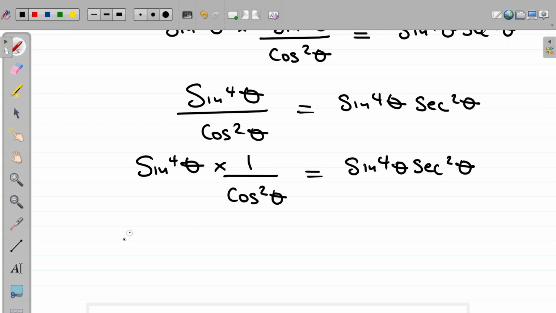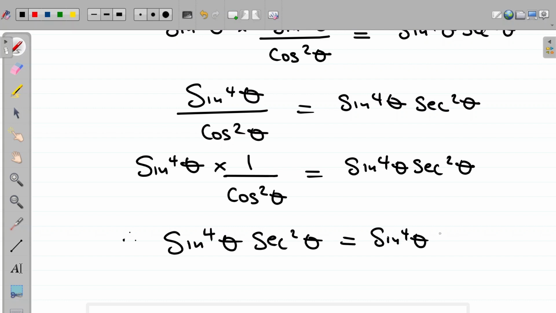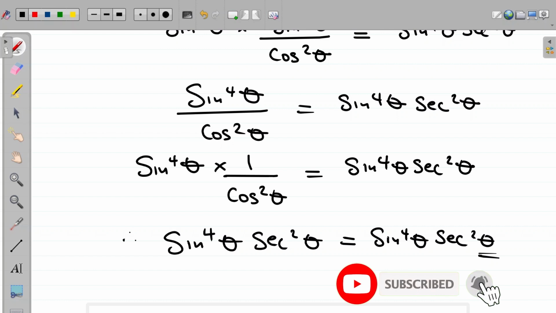So therefore our equation has shown that sine to the power of 4 theta sec square theta is equal to sine to the power of 4 theta sec square theta. So it has been shown that tan square theta minus sine square theta is equal to sine to the power of 4 theta multiplied by sec square theta.